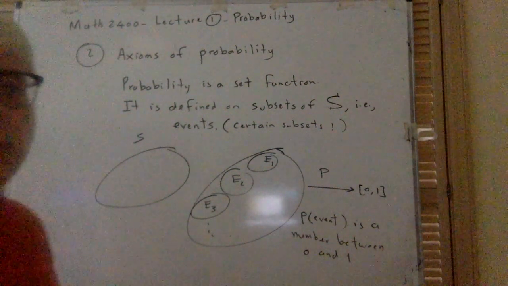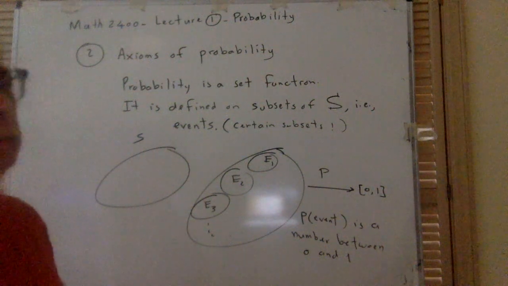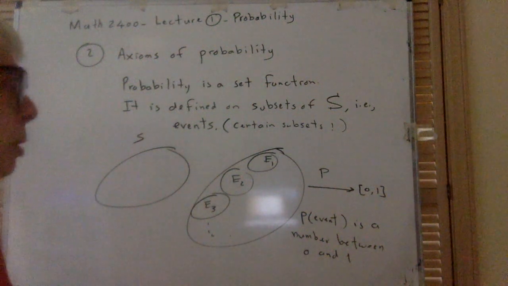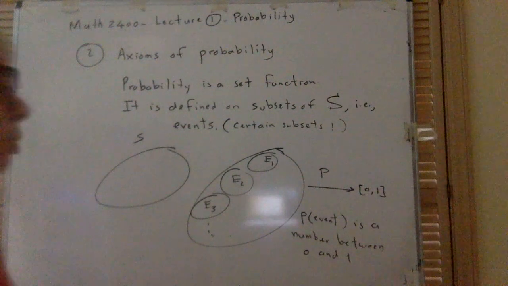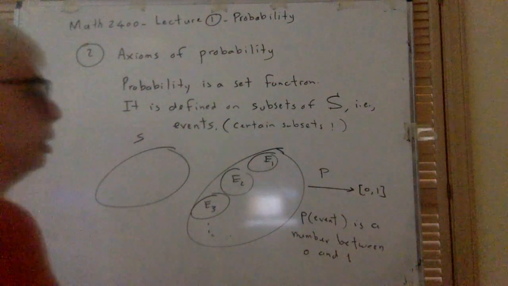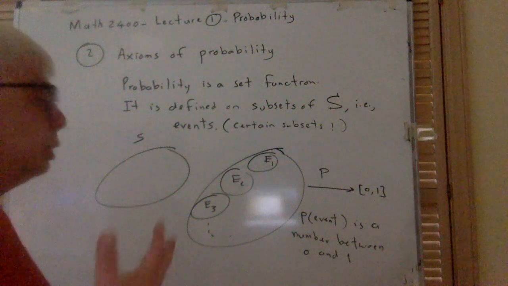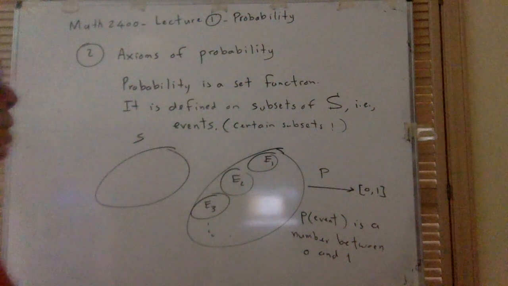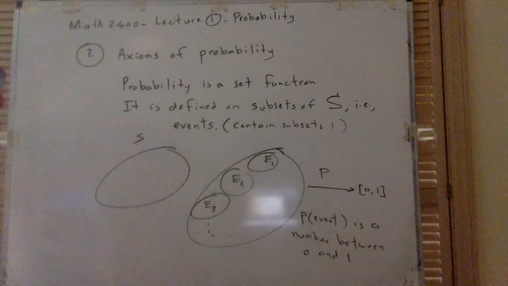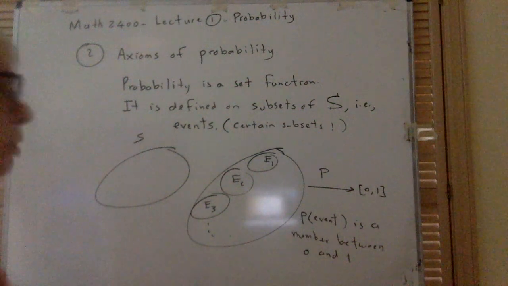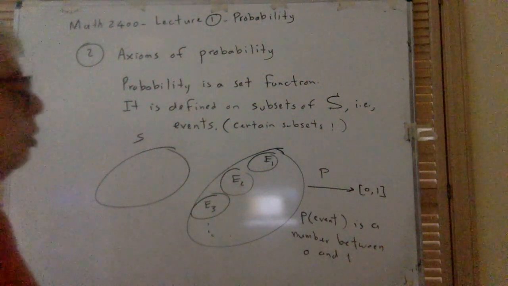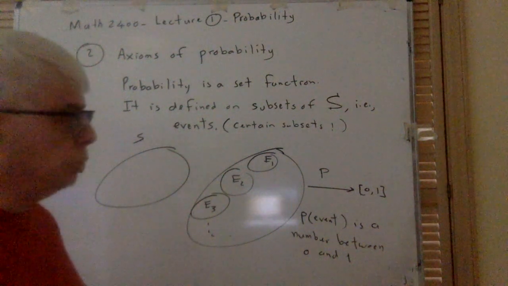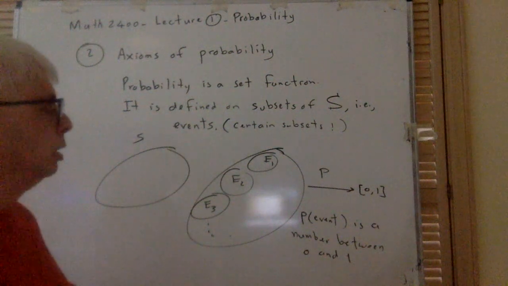This is just pure mathematics, the pure mathematical way of defining probability. But I sometimes find it easier to understand when we talk about it this way. It is a function that assigns to each event that we have defined, so we have taken some subsets of S to be our events, a real number between 0 and 1.